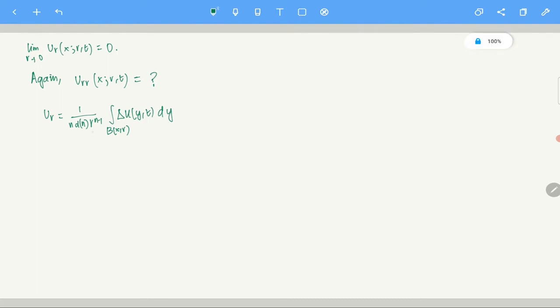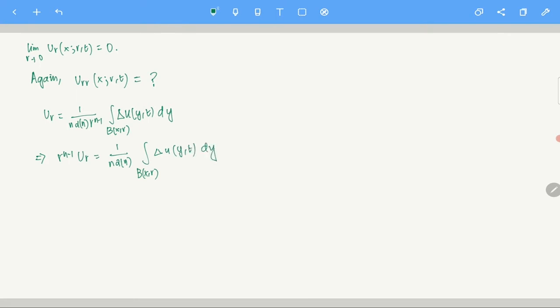Now you see, you multiply this r to the power n minus 1 here. So that implies r to the power n minus 1 u_r equals 1 by n alpha n integral over B(x,r) of Laplacian of u(y,t) dy.